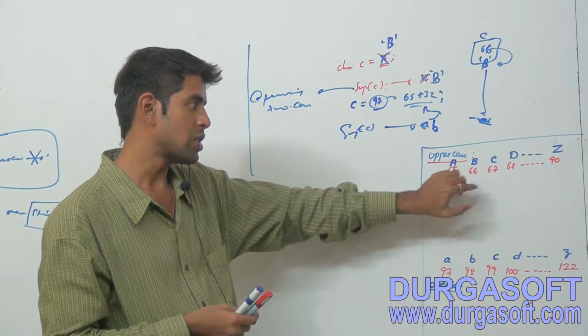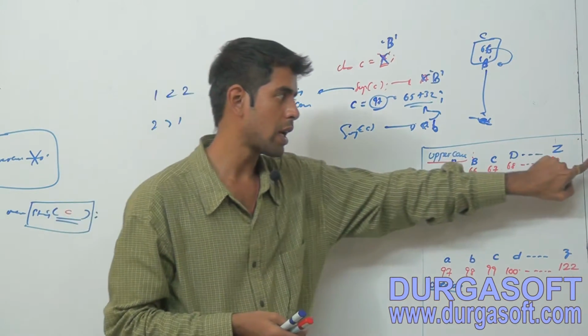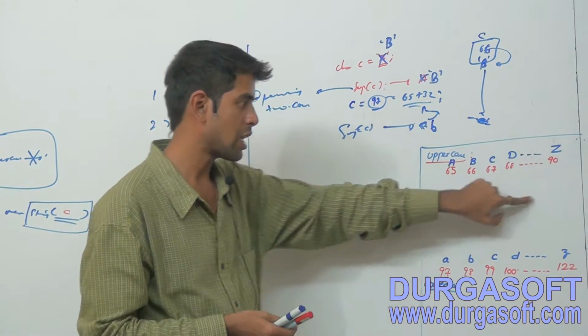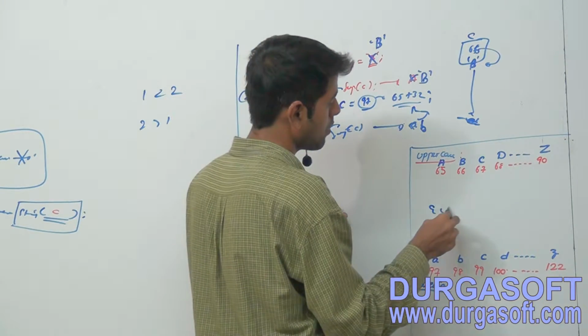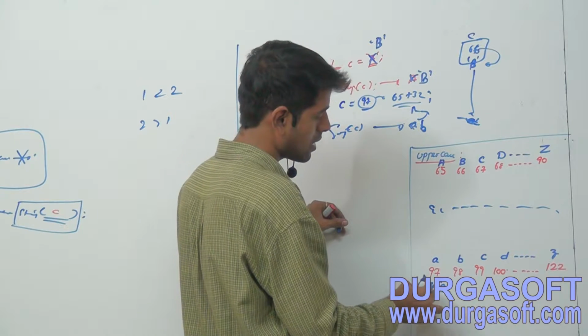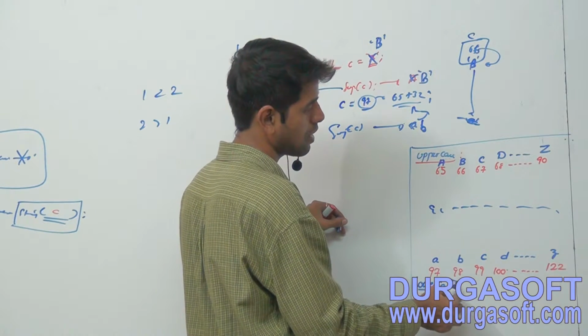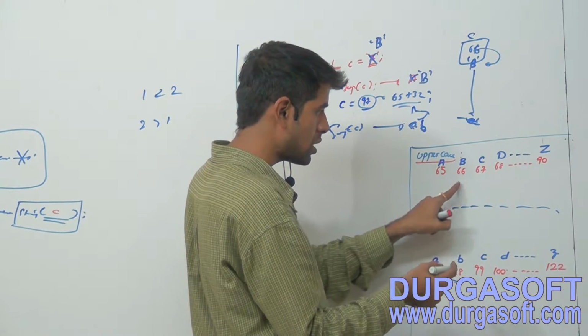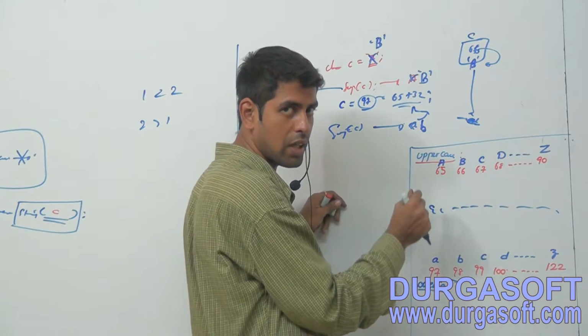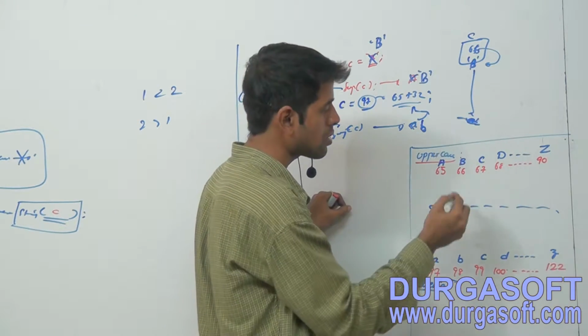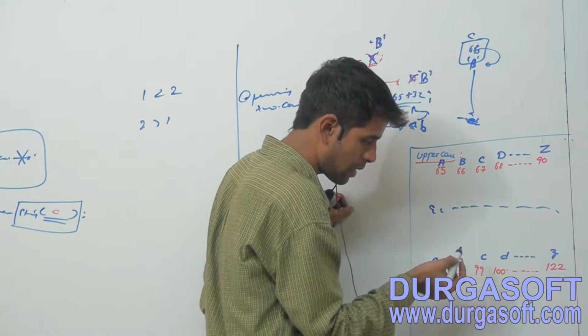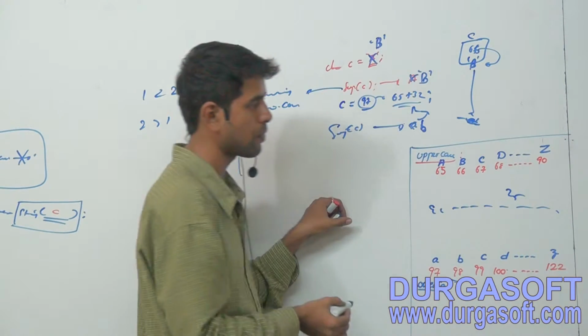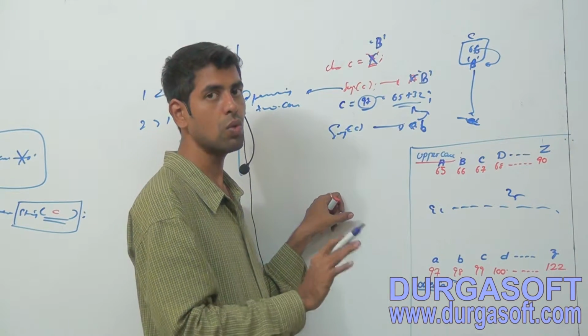Observe here, from 66 you want to traverse till 90, then 91, 92, 93, 94, 95, 96, 97, 98. From 65 to 90, how many values do you cross? 25, yes, of course.